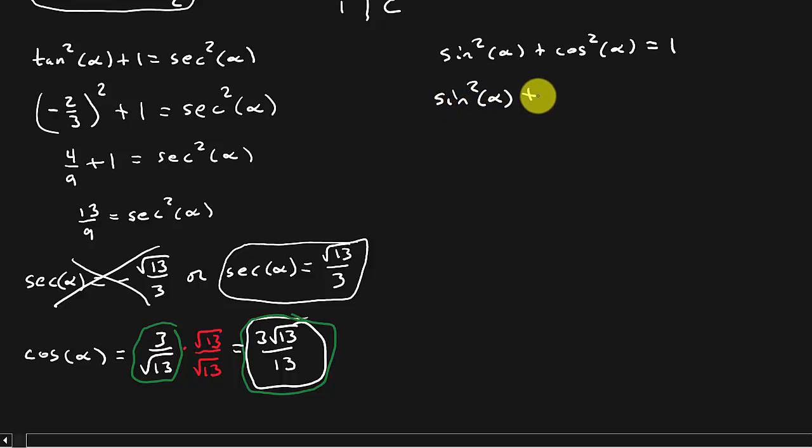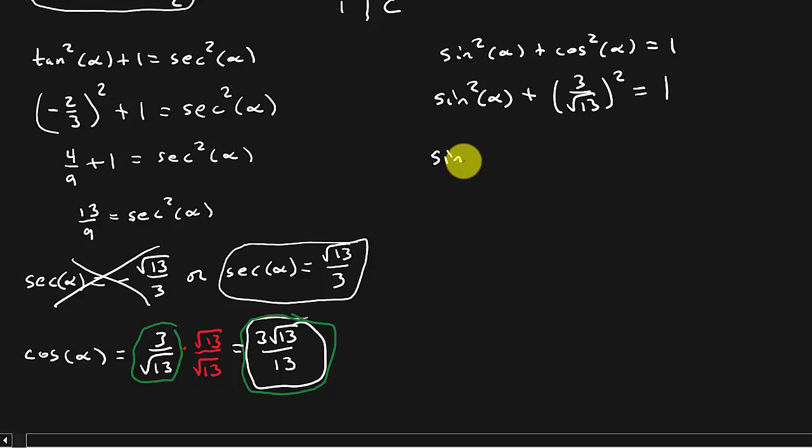Sine squared alpha plus, and then I plug the 3 over square root of 13 in. So that's going to be (3 over square root of 13) squared equals 1. Now, you see how much easier this is? This right here is a lot easier to square than when we had to square this one. All right, so just plug the one that's going to make it easier. Plug that one in.